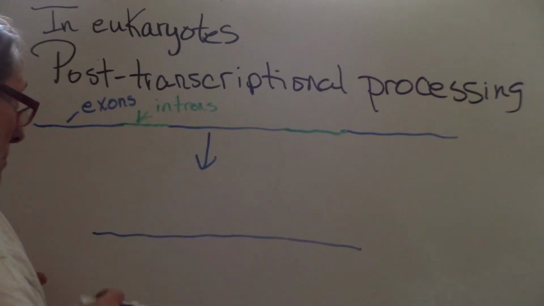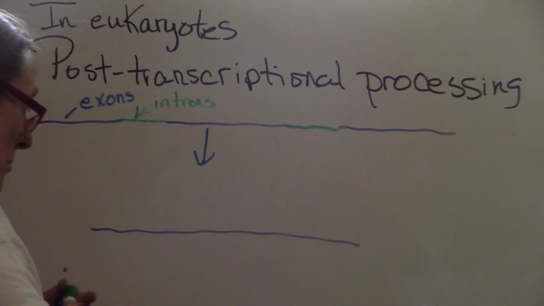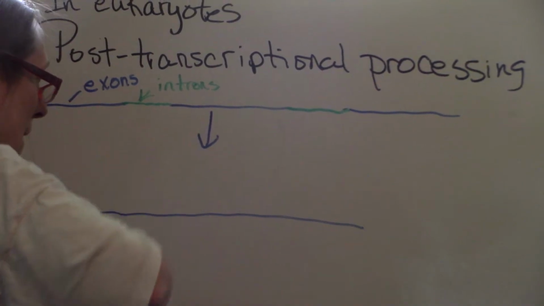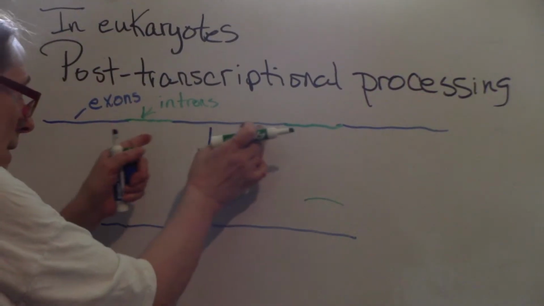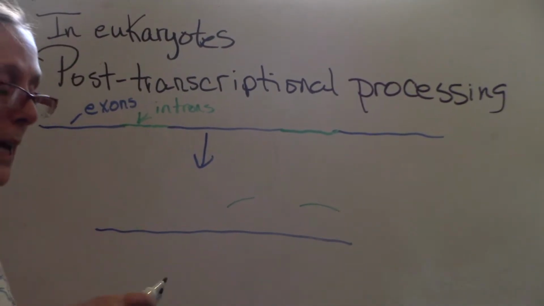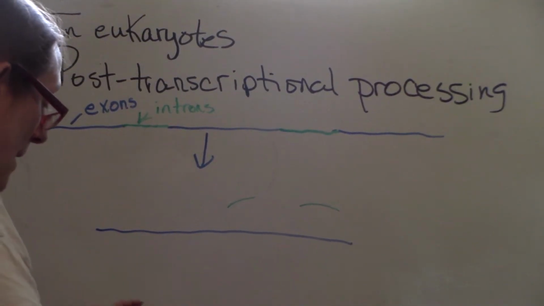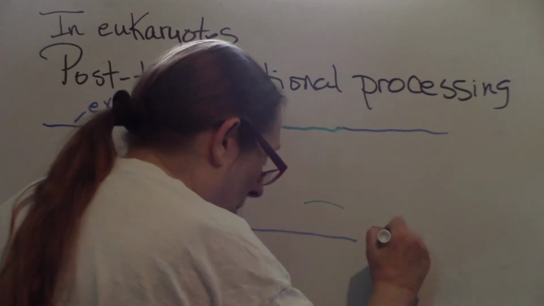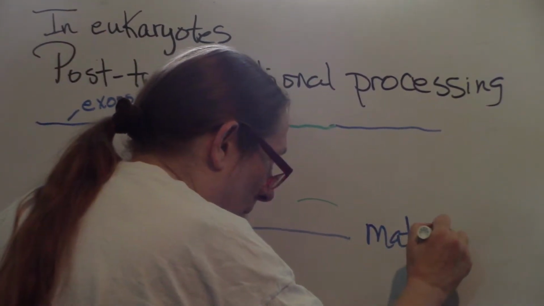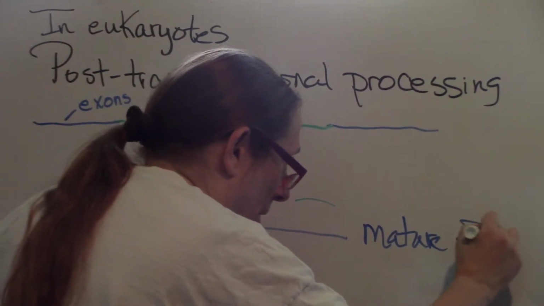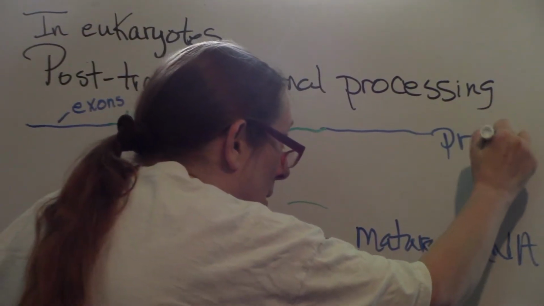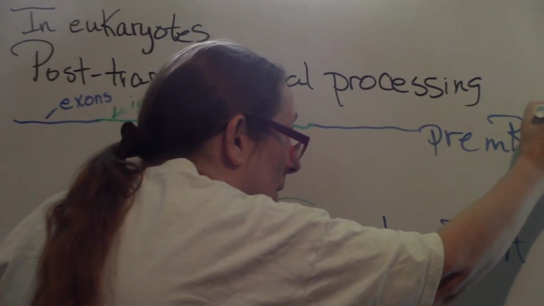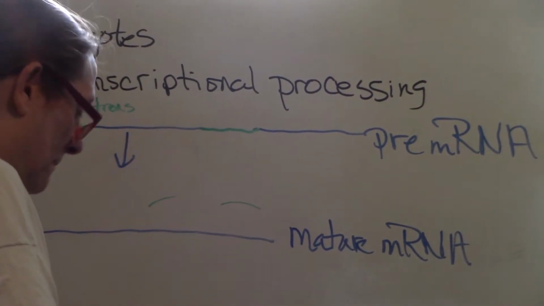and we end up with our mature messenger RNA. Our pieces of introns are taken out, and our exon pieces are put together to make our mature messenger RNA from our pre-messenger RNA. All right?